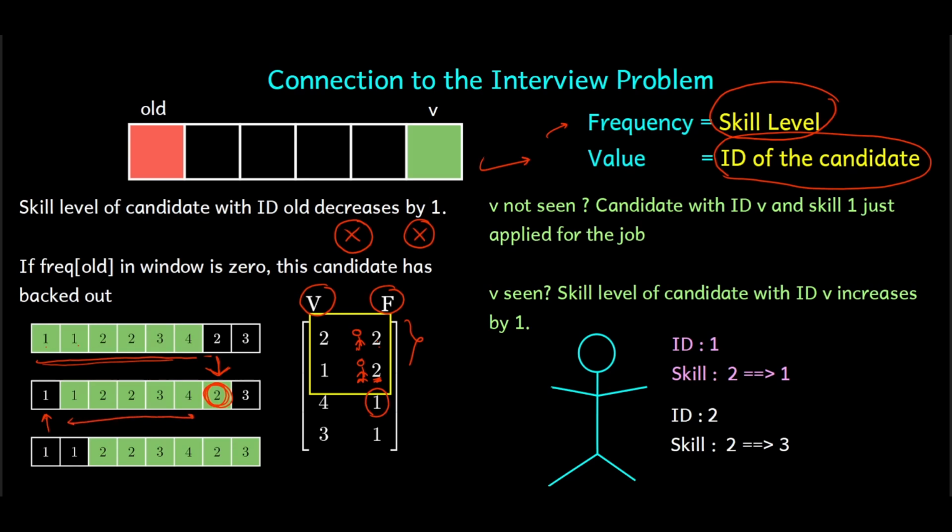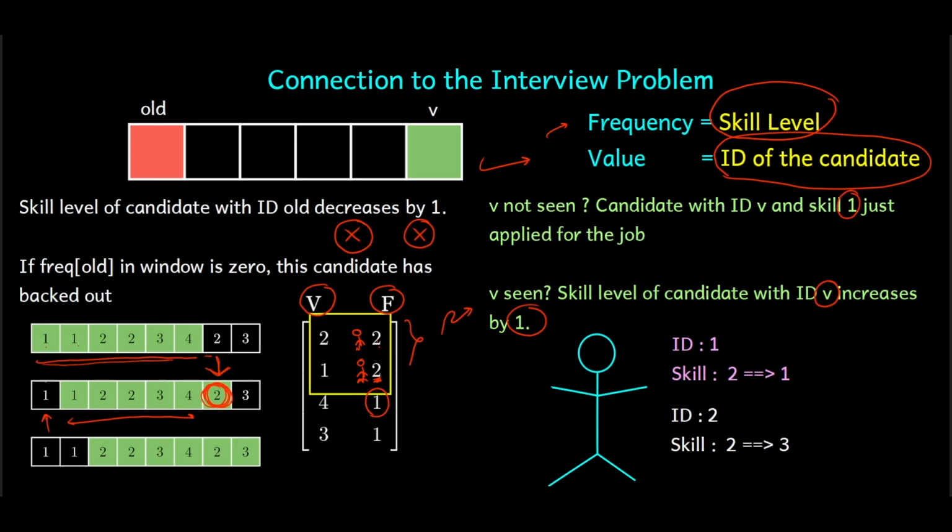If we have already seen 2 before, it means that the frequency of 2 has increased, that is, the skill level of the candidate with ID 2 has increased by 1. But if we have not seen this 2 before, that would mean that a new candidate with frequency 1, that means skill 1, and ID 2 has applied for the job.